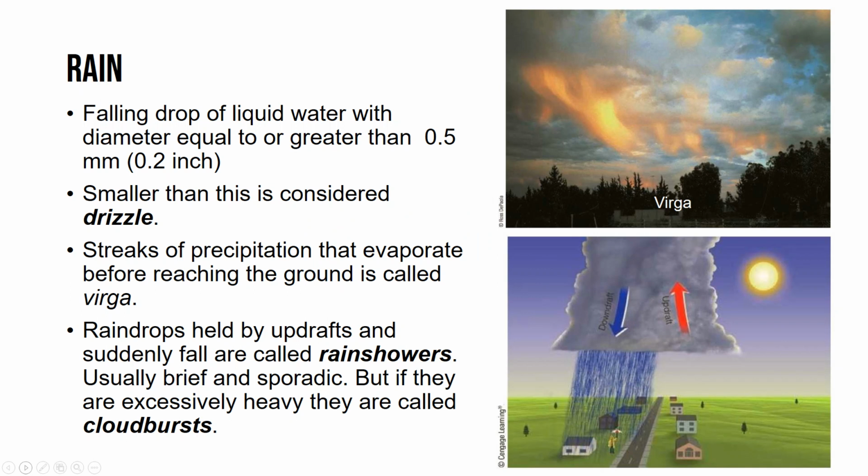These streaks of precipitation that evaporate before reaching the ground are called virga. Raindrops held by updrafts that suddenly fall are called rain showers. These are usually brief and sporadic, in small patches of a location. And if they are excessively heavy, they are called cloudbursts.